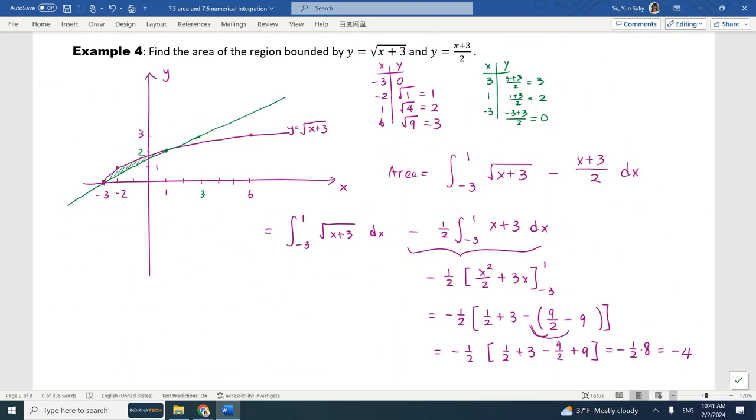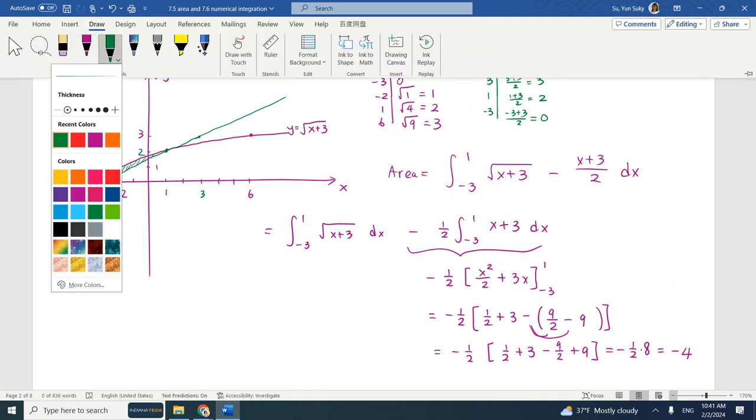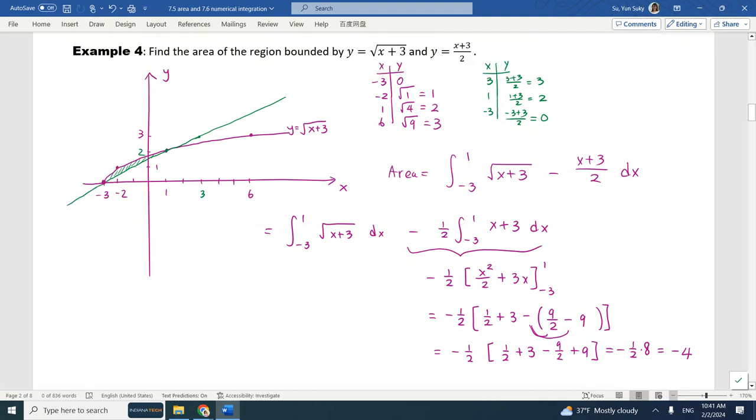Now let's take care of the other part. It needs u substitution. Let's use orange color. What is u? What's the inner function? x plus 3.